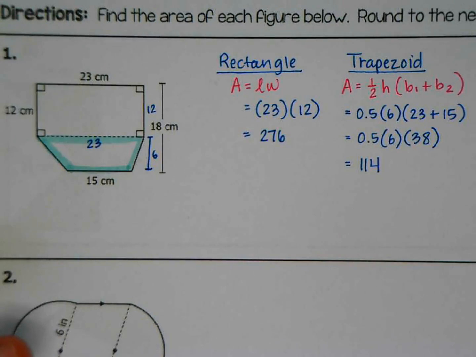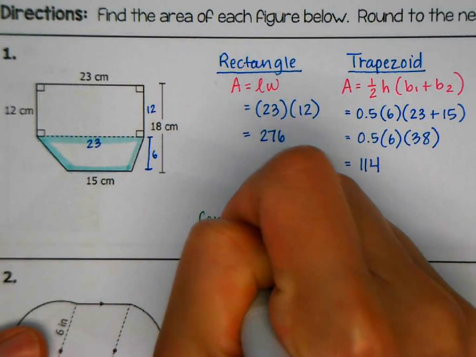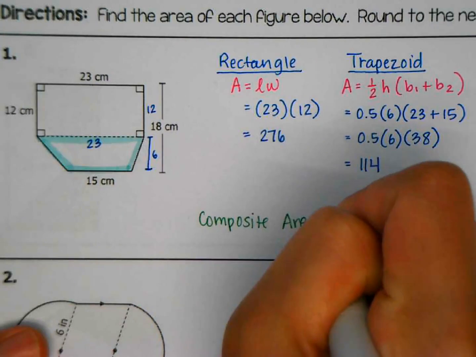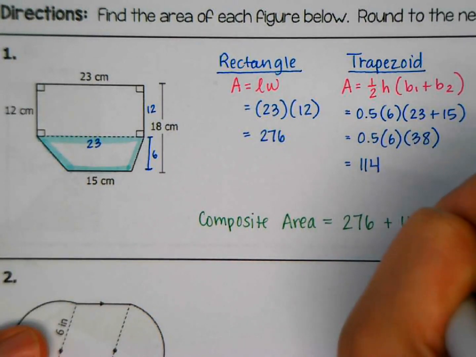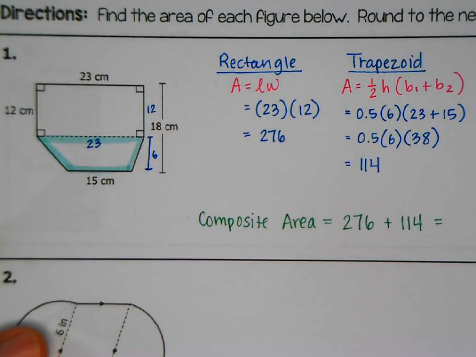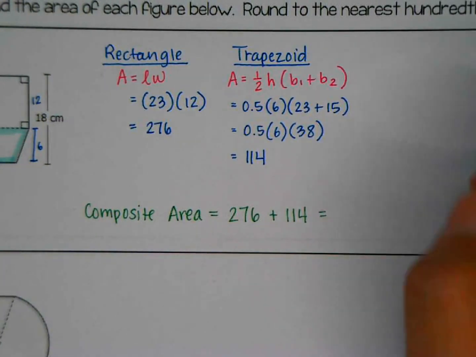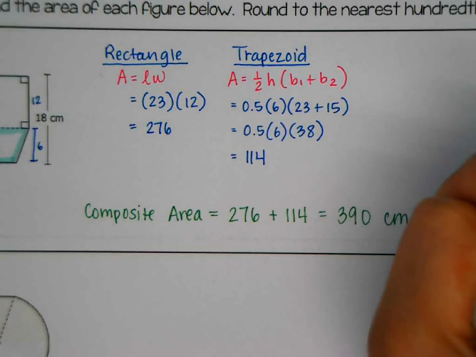So then to find the area of the entire figure, I'm just going to take those two areas and add them together. That's it. And when we do, we get 390 centimeters squared.